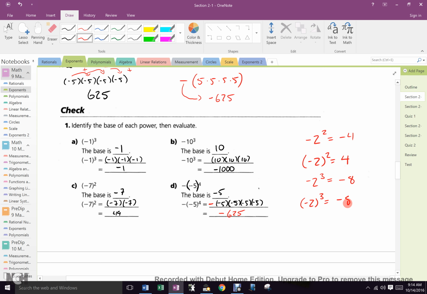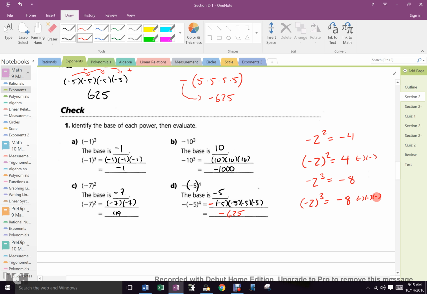This is where it gets weird, right? Why is this one positive but this one negative? Because it's squared. Yeah, this is a negative times a negative, isn't it? Which gets me a positive. What's this? A negative. Negative times a negative times a negative.